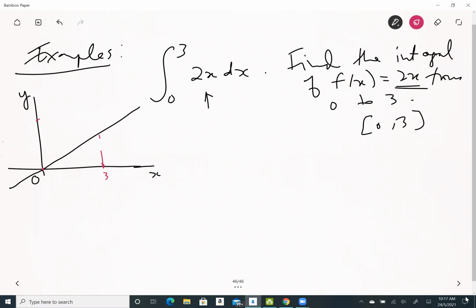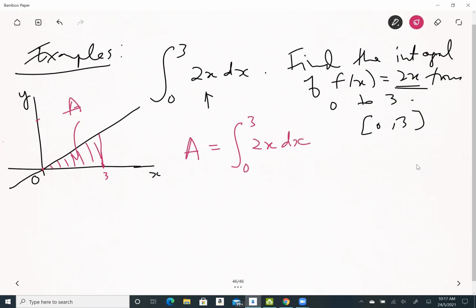So that is the definite integral we are looking at. That means the area here. So that is the area A. Sometimes for convenience, we can label it as A, equal to the integral from 0 to 3 of 2x dx.